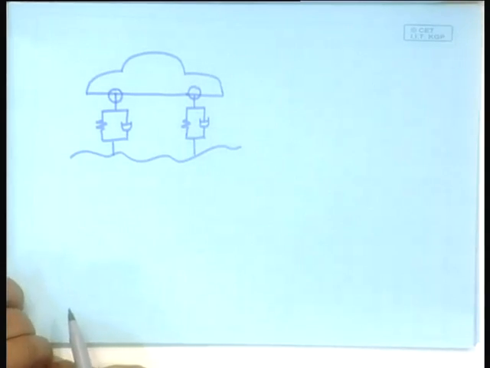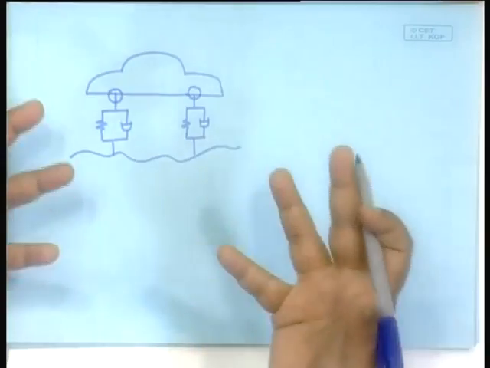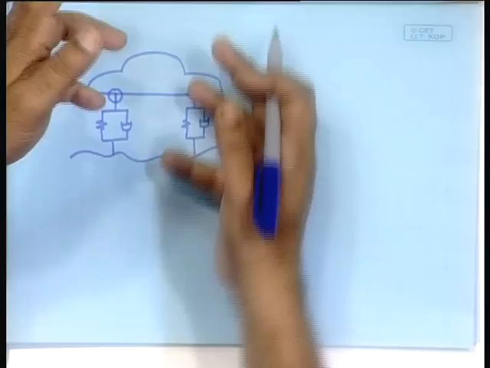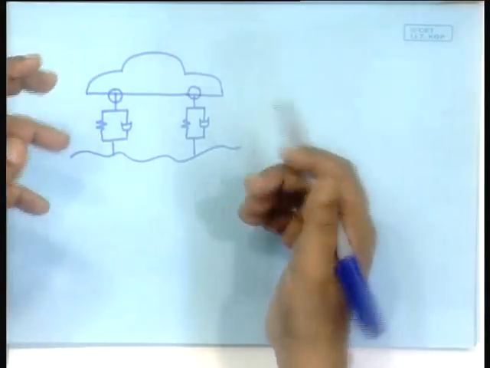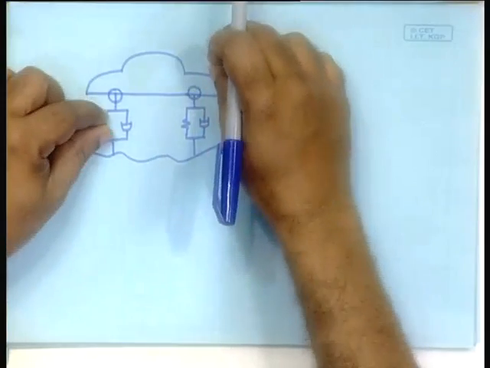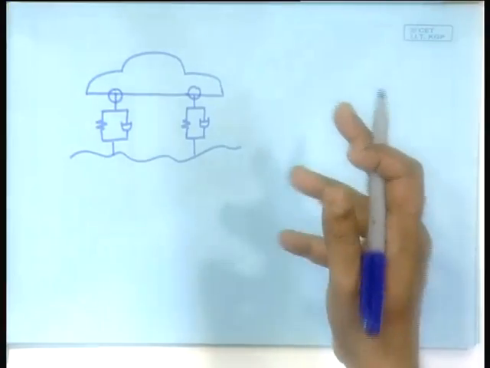We are not considering the forward motion, we are considering the up and down motion, but the fellow will also rock. That means, sometime the front will go up, sometime the back will go up. So, there will be some rotational motion also.